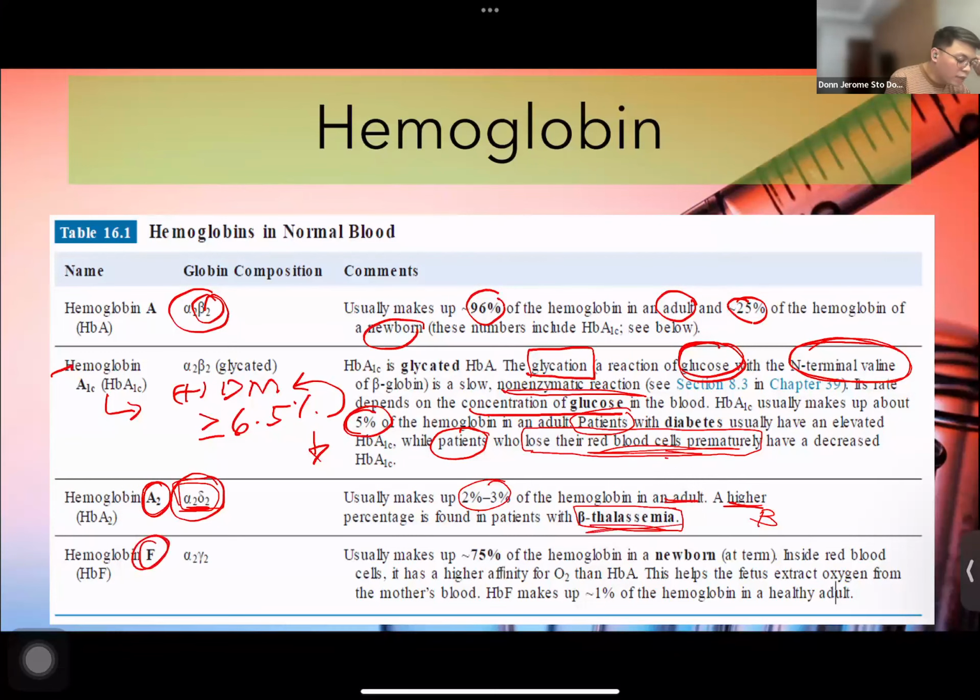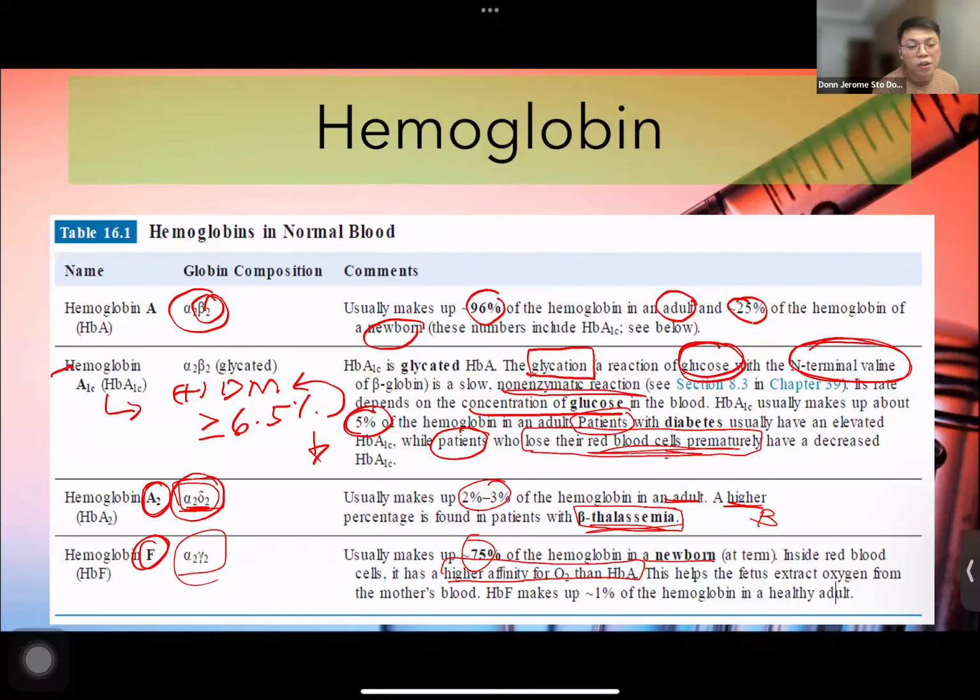And lastly, you have your fetal hemoglobin made up of alpha and gamma chain, 75% in newborns. Please take note, the important characteristic of your fetal hemoglobin is that it has a higher affinity for oxygen than hemoglobin A. And that is beneficial for the fetus, no? Kunyari, inside the uterus.